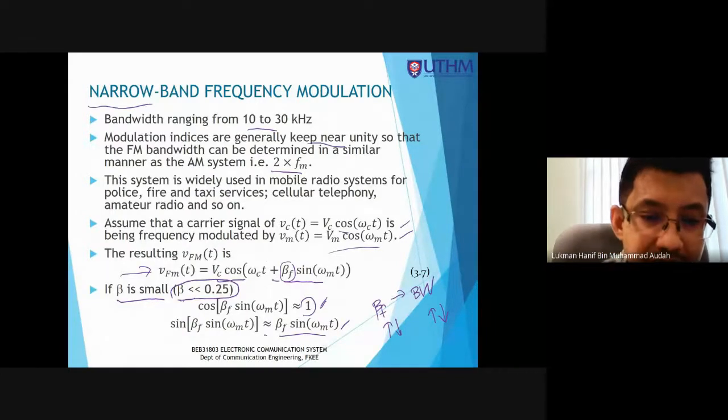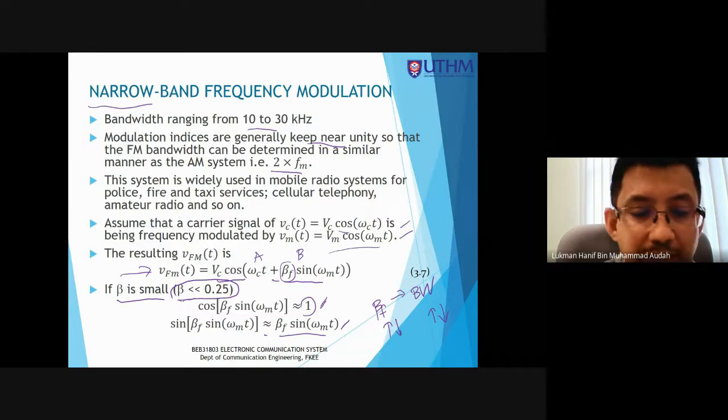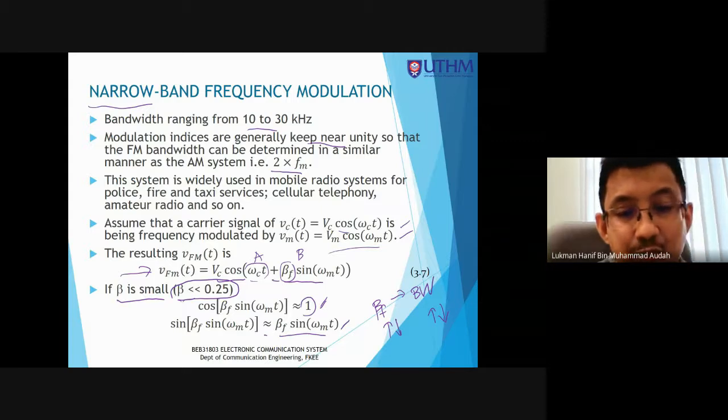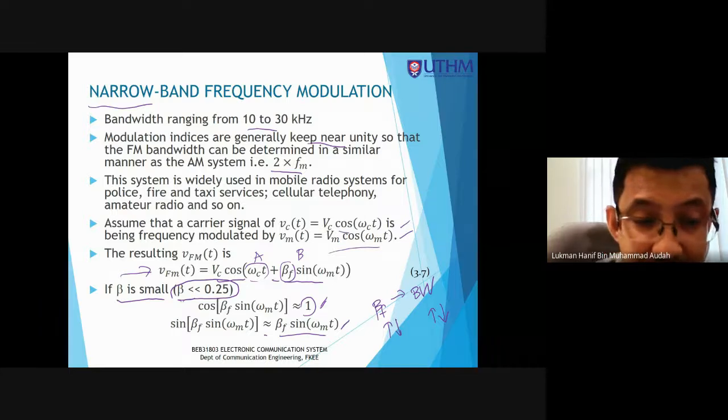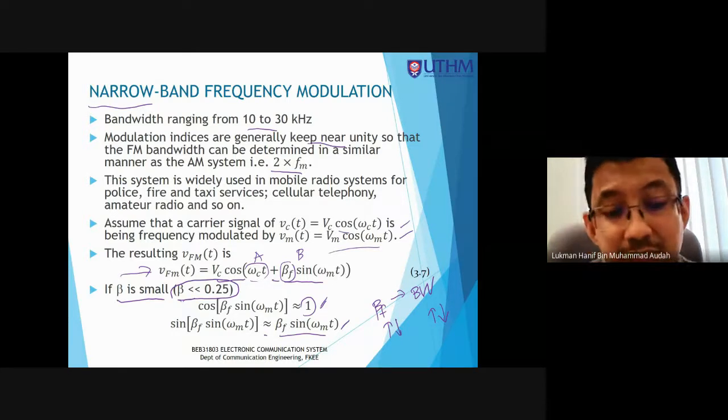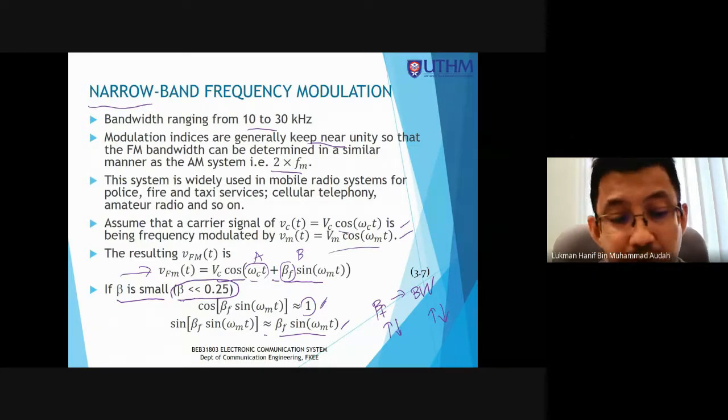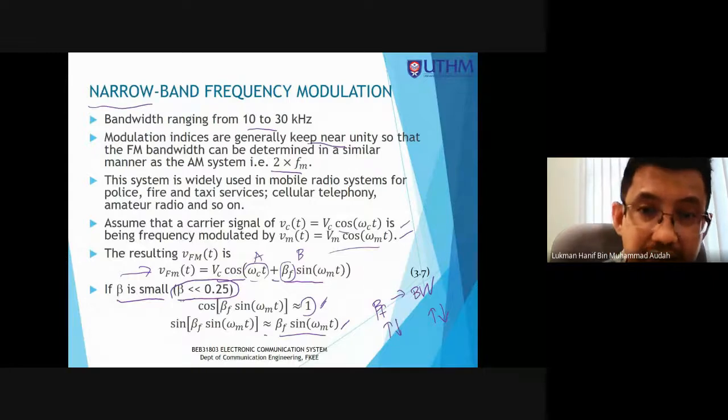Kerana kalau you lihat daripada general equation ini ada A plus B. Nampak, omega_c t adalah A parameter, beta_f sin omega_m t adalah B parameter. Kenapa saya buat A B? Sebabnya kita nak menggunakan trigonometry identity for cos(A plus B).